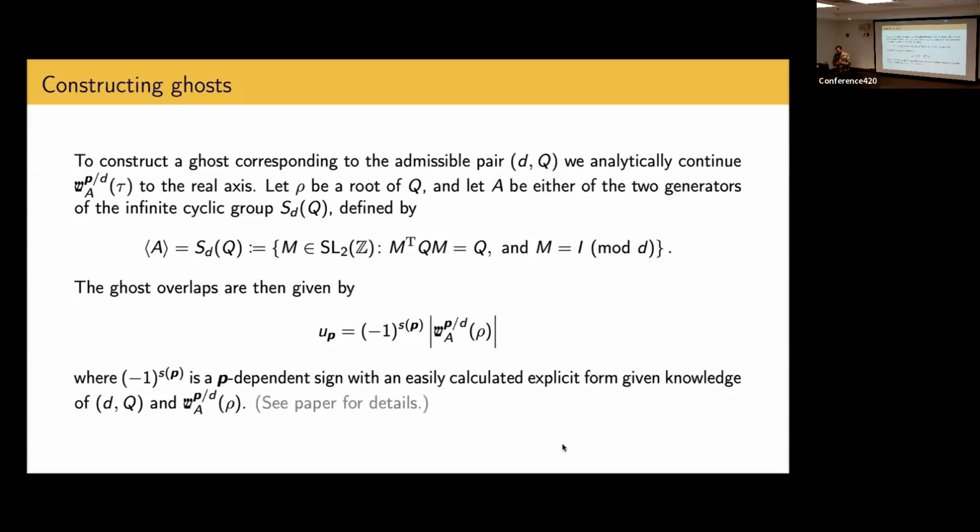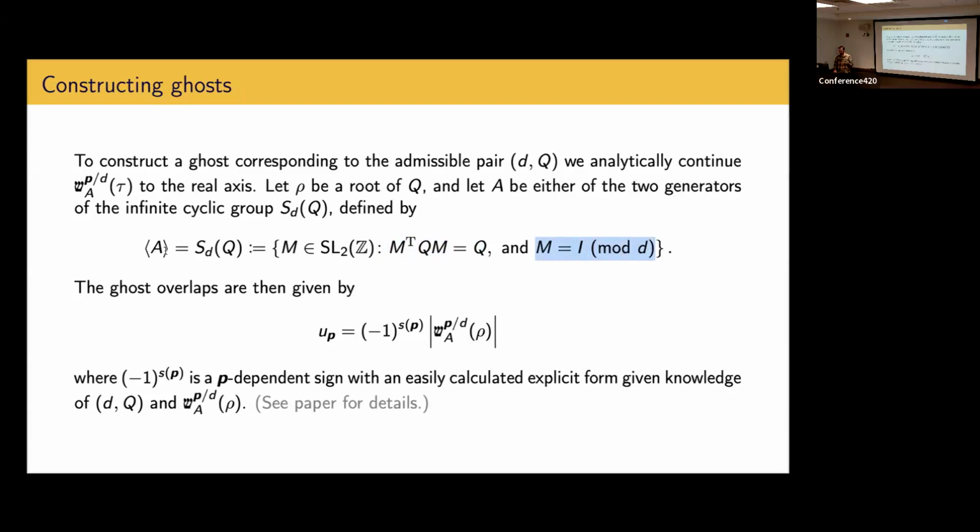So we compute this number A by considering a specific group. The quadratic form that defines this admissible pair has a stabilizer group under similarity, subject to this congruence condition. And if I pick a generator of this group, it turns out it's cyclic.